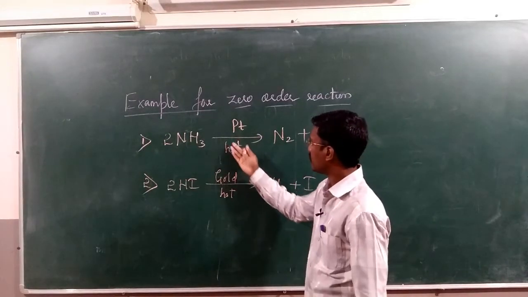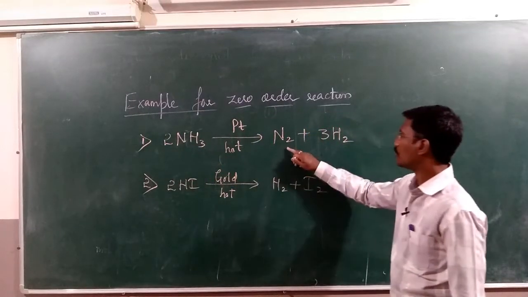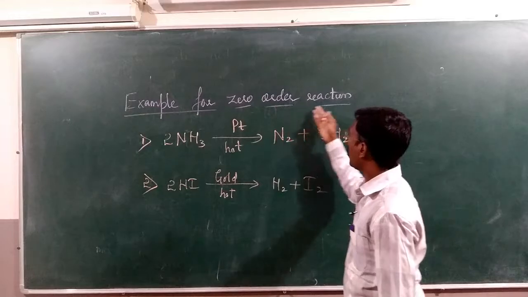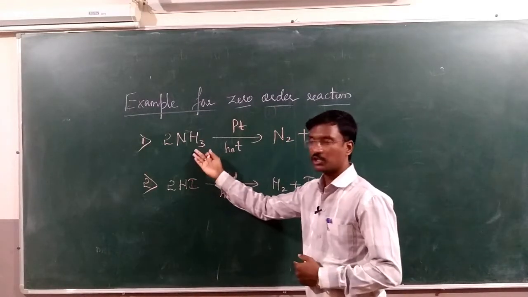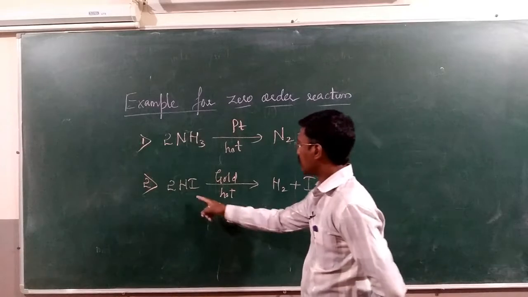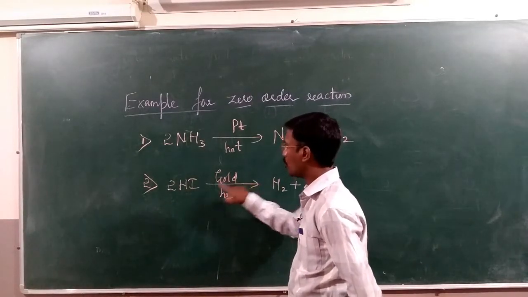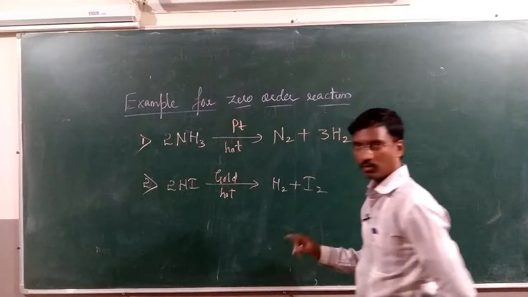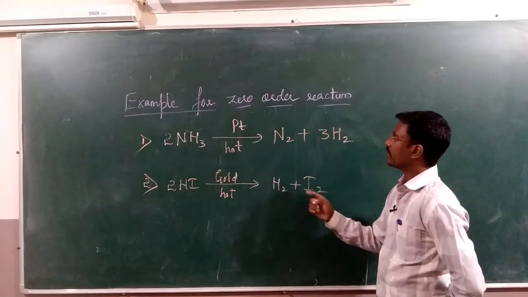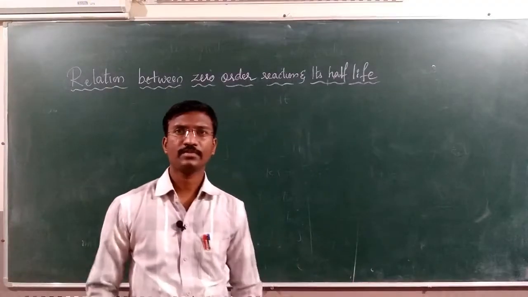Thermal means on supplying heat in the presence of platinum, ammonia undergoes decomposition to form nitrogen and hydrogen. So this is an example of a zero order reaction, meaning the order of this decomposition of ammonia is 0. Similarly, in the thermal decomposition of hydrogen iodide in the presence of gold, hydrogen iodide undergoes decomposition to give hydrogen and iodine. Therefore, these 2 are examples of zero order reactions.